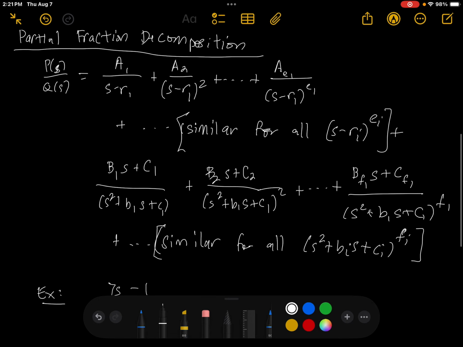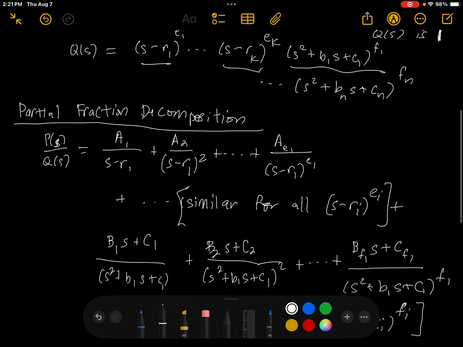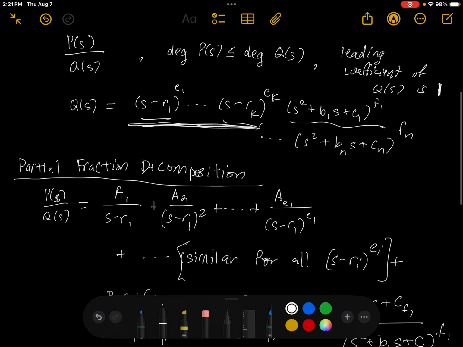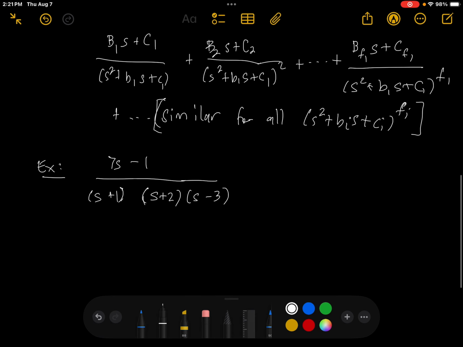So if you look at the theorem, you have this linear part, s minus r1 times s minus r2 times s minus r3, and your exponents are all 1, because you don't have s plus 1 squared on the bottom or s plus 2 squared. It's just 3 different linear factors: s plus 1, s plus 2, and s minus 3.